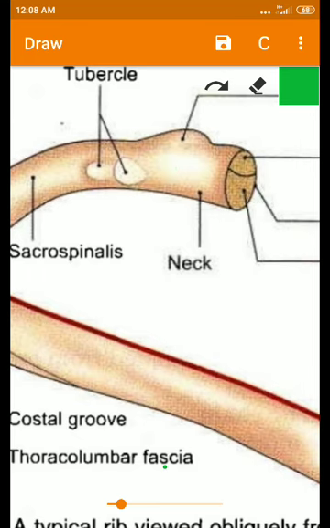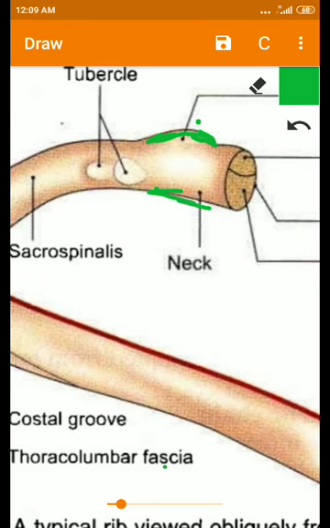Now coming to the upper border, which is prominent. It is called the crest of the neck, which gives attachment to the superior costotransverse ligament. The lower border is smooth and rounded, and gives attachment to the internal intercostal membrane.